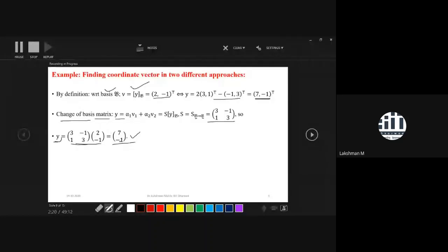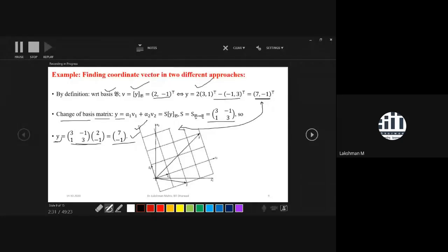You can see that both approaches match each other. This you got from the definition, and this you got from the change of basis matrix. The representation I had already plotted here. This is x1 and x2. The direction of x1 is E1, or you can call it (1, 0), and this is the x2 axis.